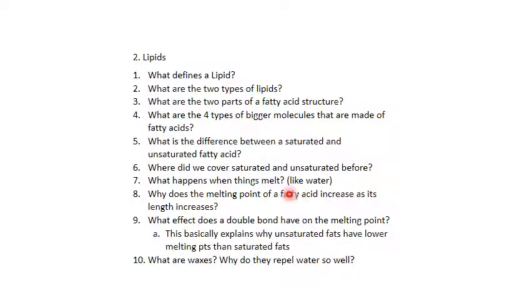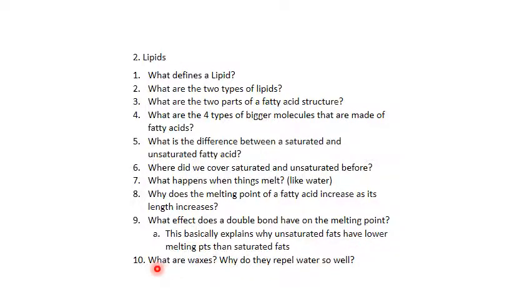And that tangling increases the London dispersion forces. If you add a double bond, it stiffens up the chain, and so they can't wrap around each other anymore. And that's why, if they're the same length, unsaturated will have a lower melting point than saturated, because the double bond doesn't allow as much tangling.